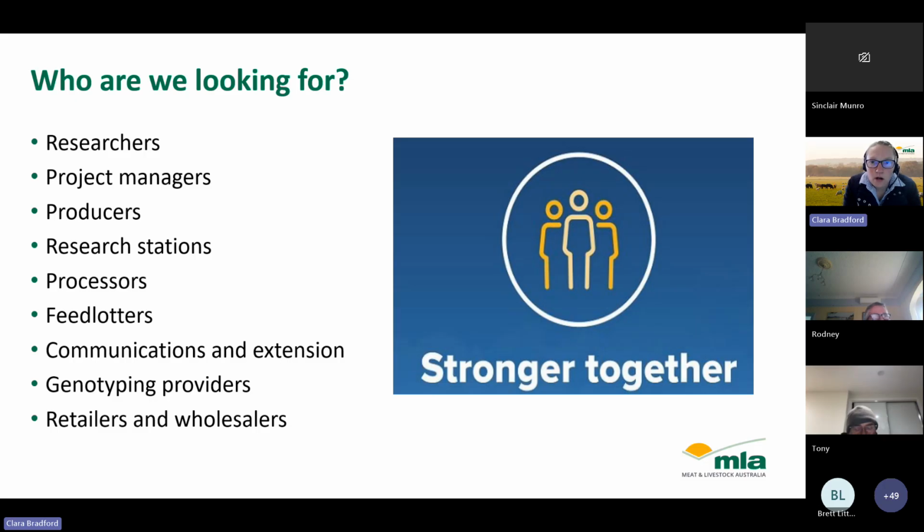We're also open to working with anyone who's not on this list. So things like ag tech companies who have technologies they want to validate, breed associations, veterinarians, any other group who is interested in engaging in utilizing reference populations as well.